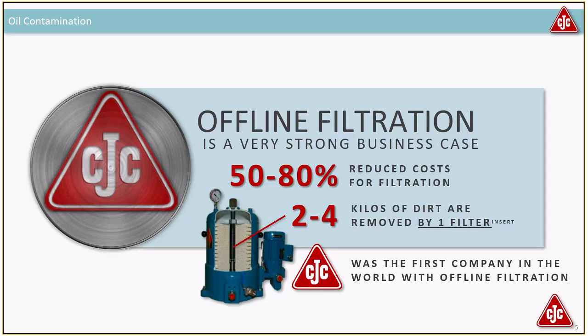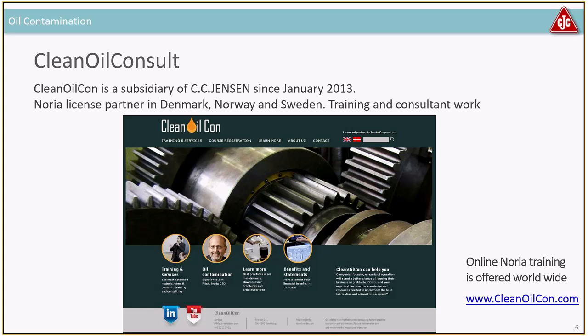We'll get back to the difference between inline and offline at the end of this, in about 25-30 minutes. The other company I work with is called Clean Oil Consult, and you can see there's a web page here. We do training for Noria in Denmark, Norway and Sweden, primarily Denmark at the moment, but you're welcome to see the web page here.